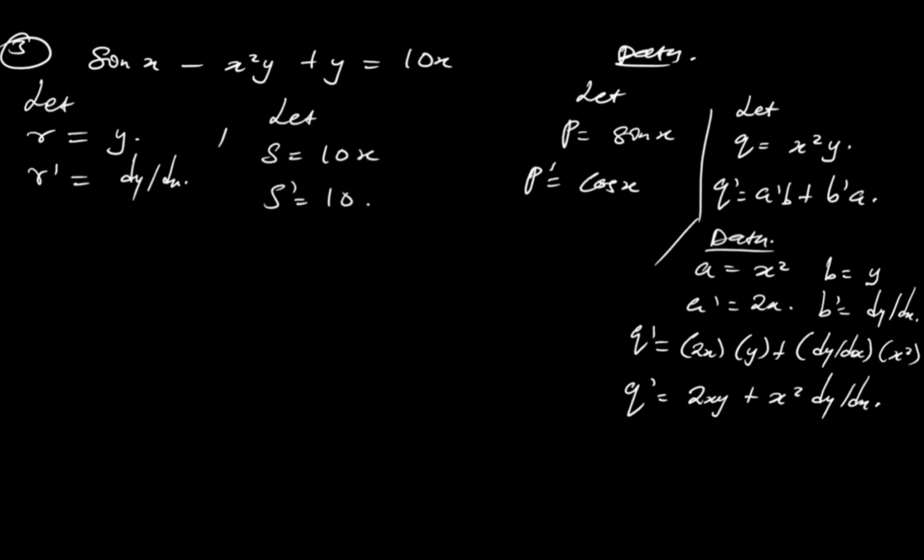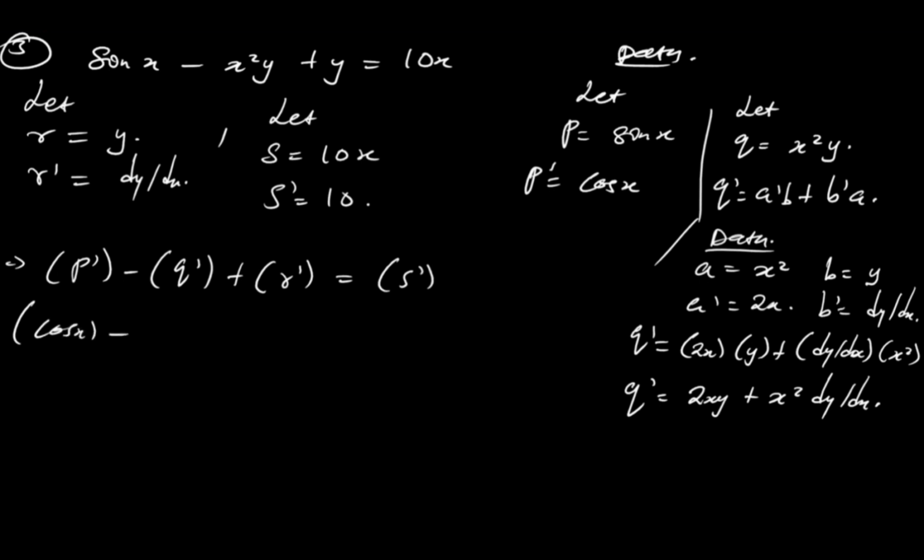Now this implies that you're having p prime minus q prime plus y, which is represented by r, plus r prime being equal to s prime. Then you can substitute. P prime is simply just cos x minus q prime.